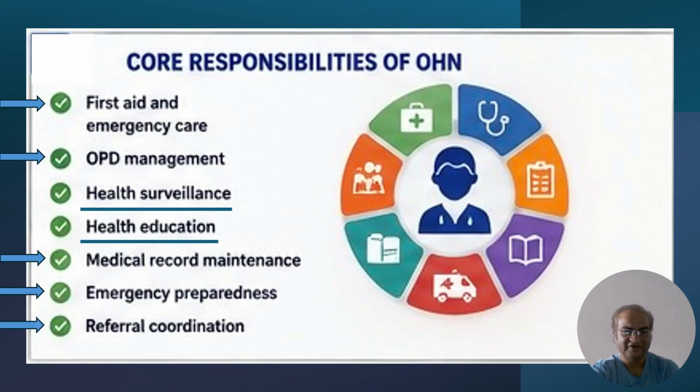Then referral coordination. Any patient you put in the ambulance and refer, then you need to coordinate properly with the doctor, with the safety team, with the referral hospital, everywhere. The referral coordination is also very important.